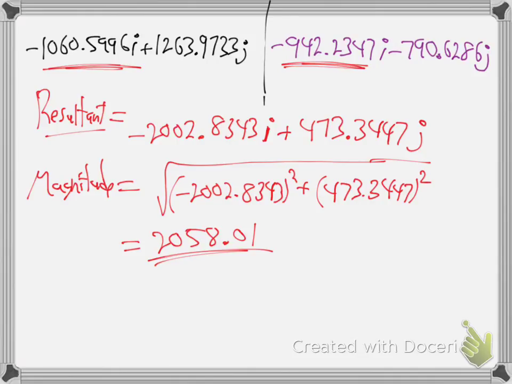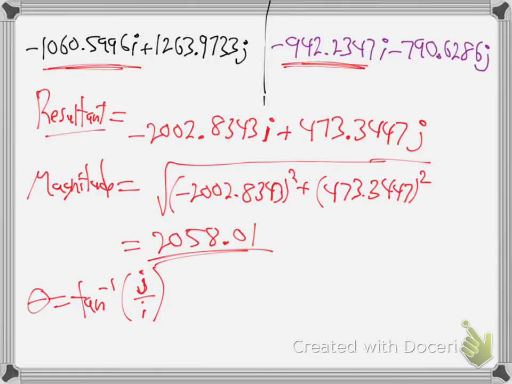Okay, and then finally the angle. Can you find the angle? Now remember, the angle's a little tricky. To find the angle, you do inverse tangent of the j over the i, because it's y over x, sine over cosine, right? But make them positive, because you want to do it in the first quadrant, get a reference angle.